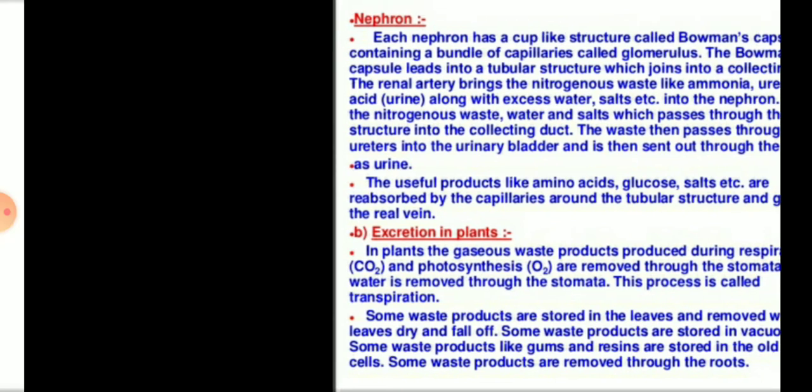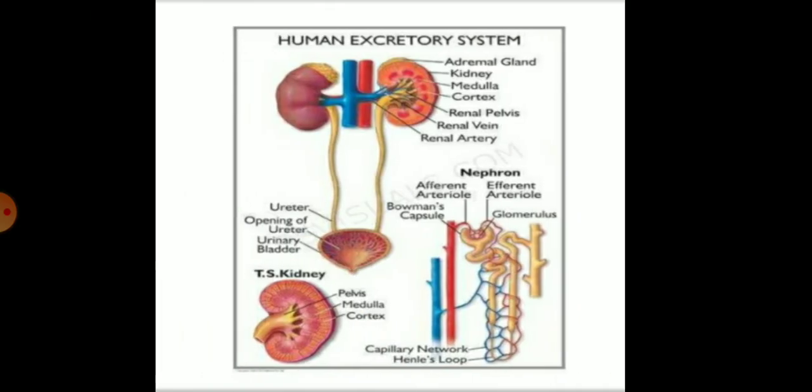This is the diagrammatic representation of the human excretory system, in which two kidneys are present, two ureters, one urinary bladder and then one urethra. In the structure of the kidney, there is a pelvic region, the pelvis, and the outer part is called the cortex and the inner part is called the medulla.